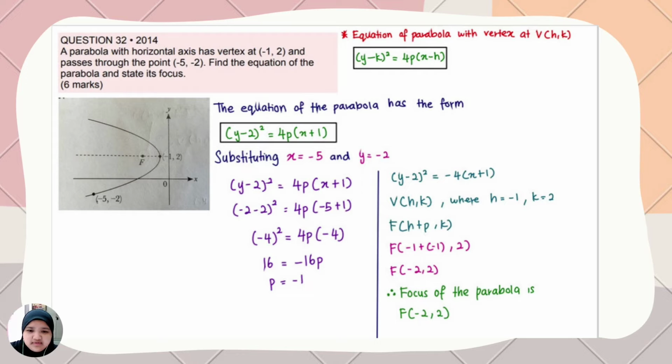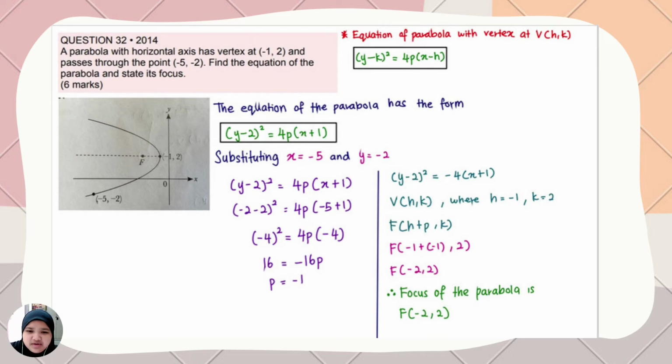The values x equals -5 and y equals -2 are from the point that the parabola passes through. So (-2 minus 2) squared equals 4p(-5 plus 1), then (-4) squared equals 4p(-4), and finally the value of p is -1.